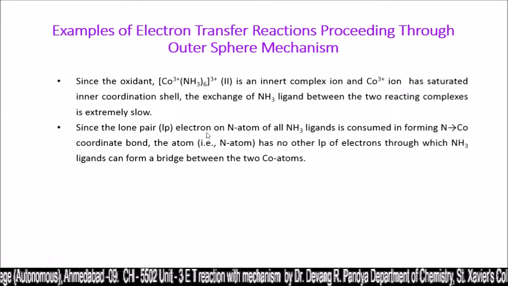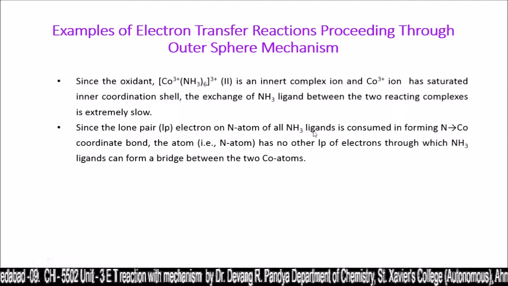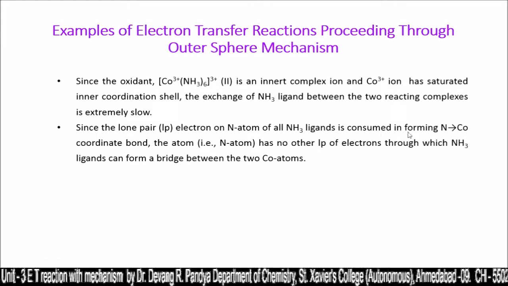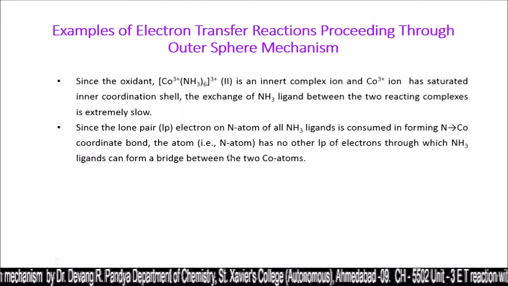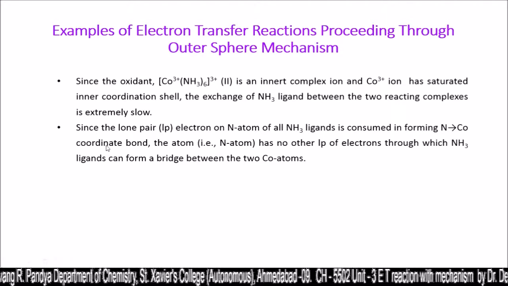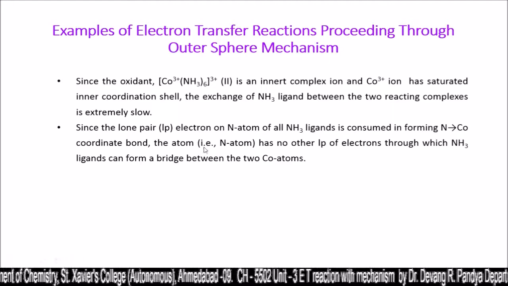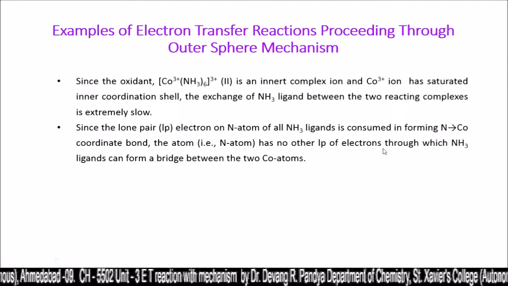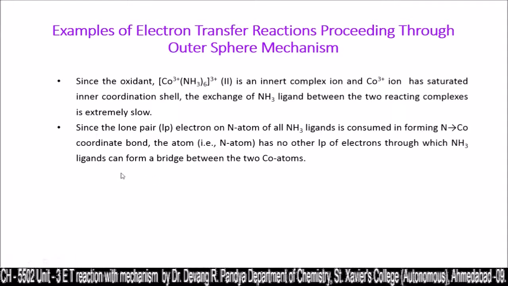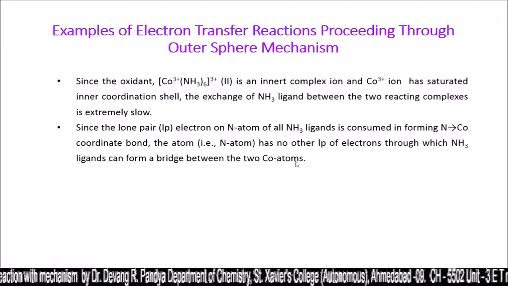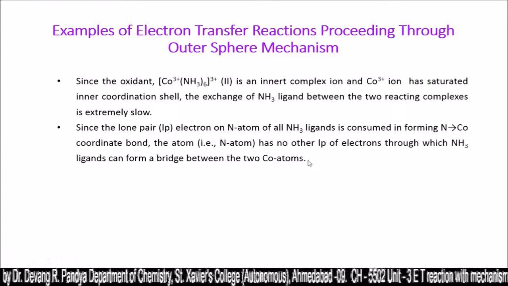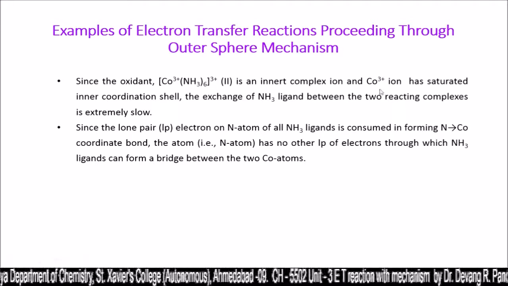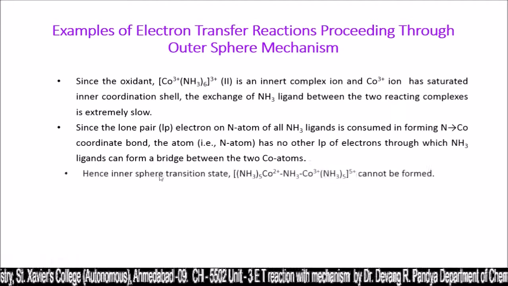Since the lone pair of electrons on the nitrogen atom of all the ammonia ligands is consumed in forming the nitrogen to cobalt coordination bond, no other lone pair remains on the nitrogen of ammonia to form a bridge between these two cobalt atoms, and therefore an inner sphere mechanism between these two complexes is not possible.